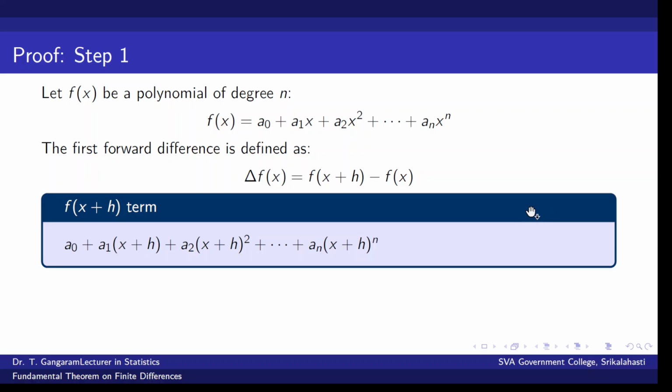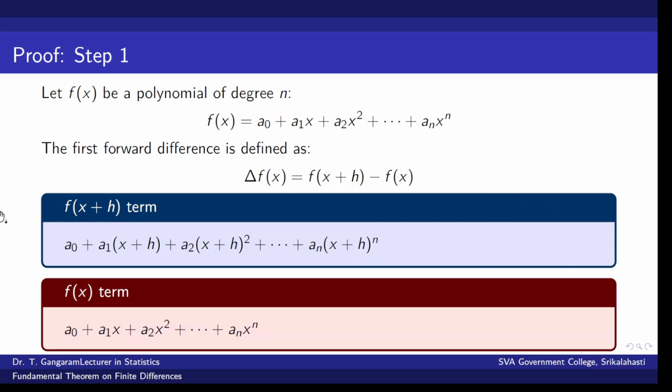Let us substitute, instead of x, x plus h in the nth degree polynomial. Here a0, in place of x, a1 into x plus h, plus a2 into x plus h whole square, so on an into x plus h whole power n.